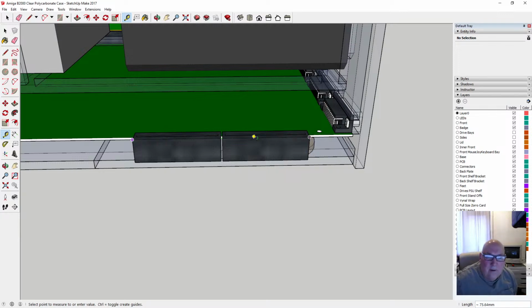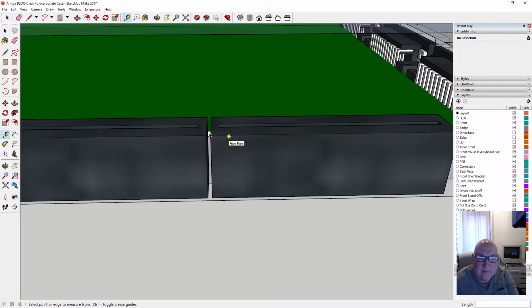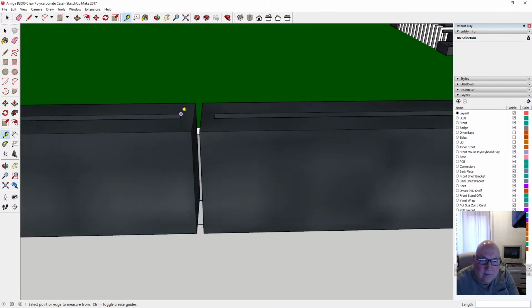So something's not quite right. I've got 107, and I've got a 1 mil gap. So that doesn't make much sense. Right, let's just measure that to there. 4.5. So if we've got 4.5.